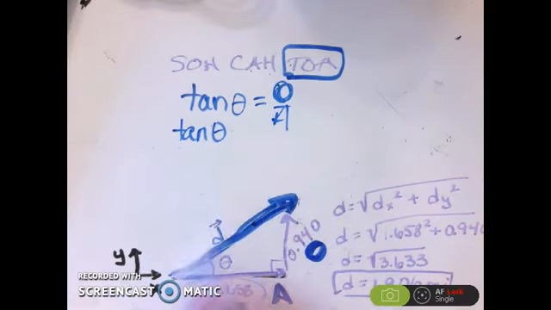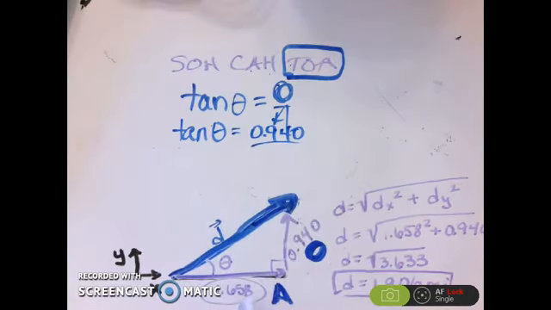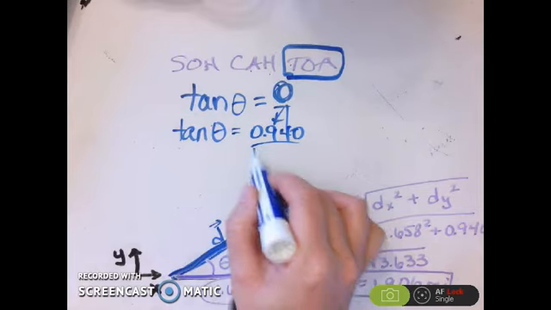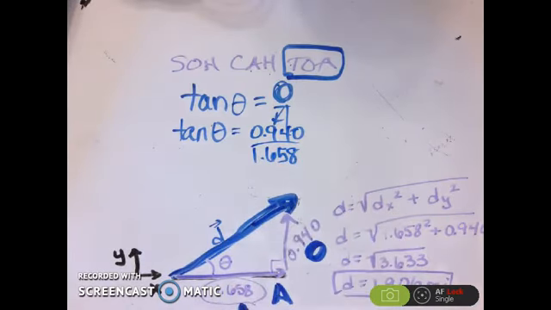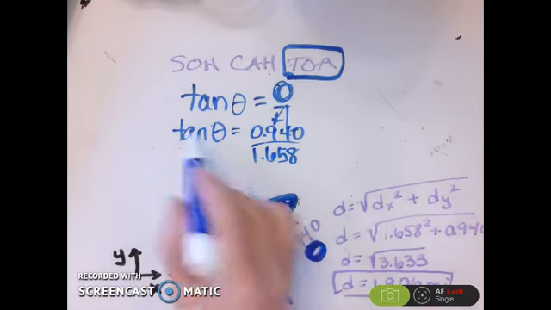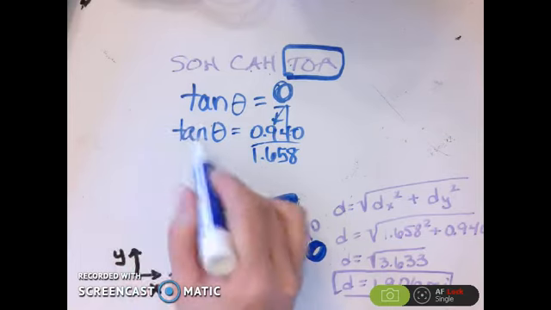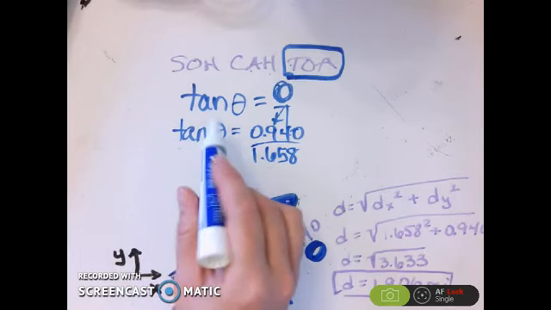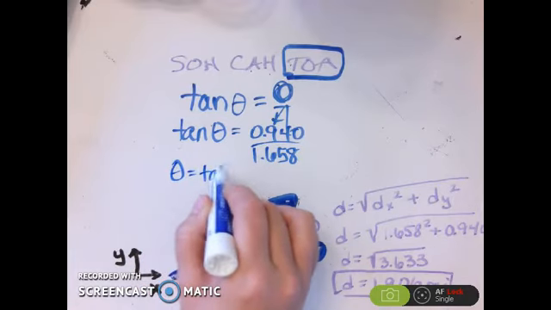It's the theta that we're looking for. Our opposite side is 0.940. Our adjacent side, our attached side, is 1.658. In order to release this theta, the only way is to do the opposite. The opposite of taking the tangent of an angle is to take the inverse tangent. So we do that to both sides.